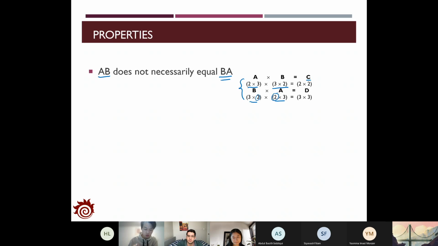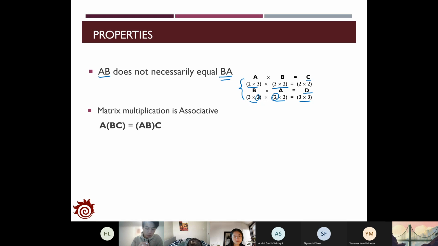We cancel the two values, the columns of B and the rows of A, so eventually we get a new matrix D with the dimension of 3 by 3. Apparently, C and D are not the same. So we claim that AB is not necessarily the same as BA. That's the first property of multiplication.